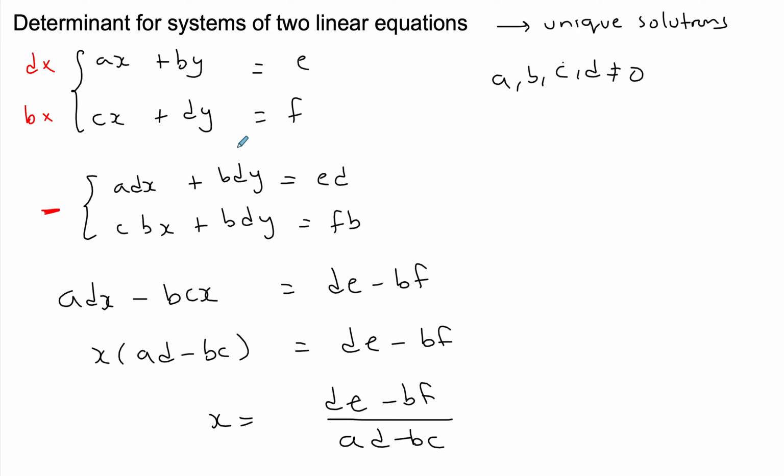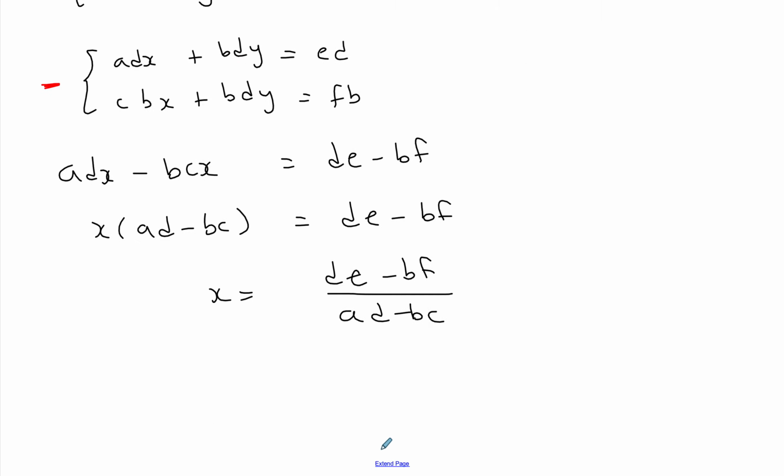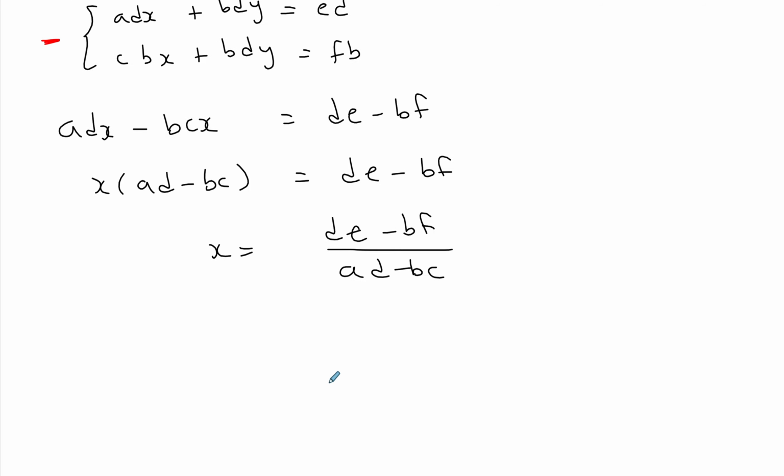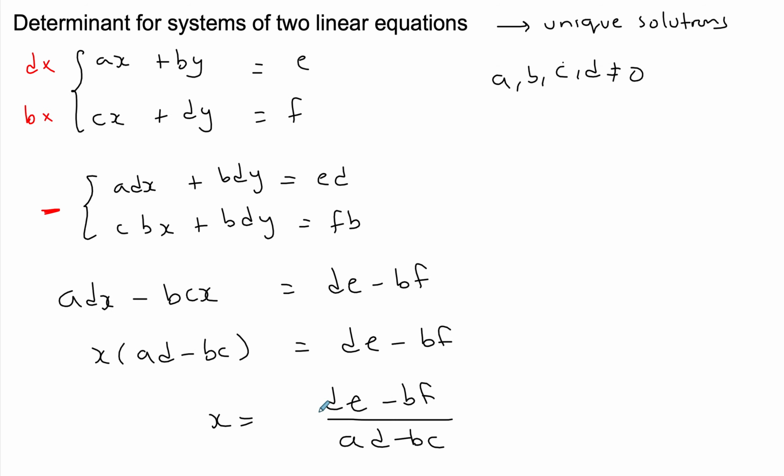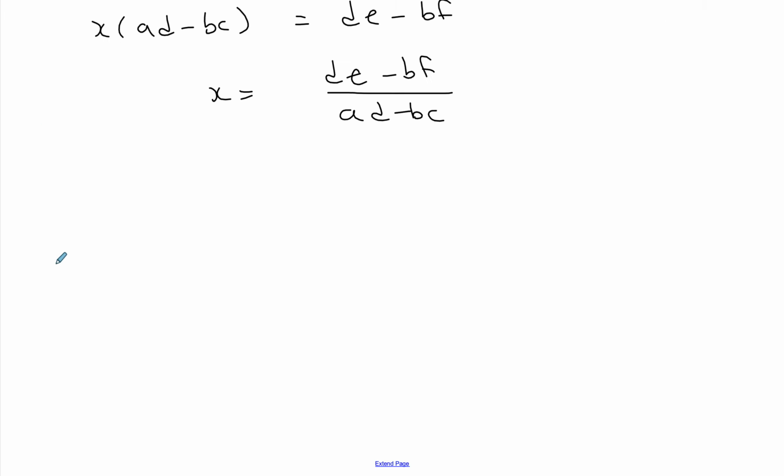So nice and easy. If you found the x, then you need to find the y. In order to find the y once you found x, you substitute it inside one of the formulas. So let's pick the first one. Let's say I have a, and then instead of x, I'm going to write this whole mess, de minus bf over ad minus bc.